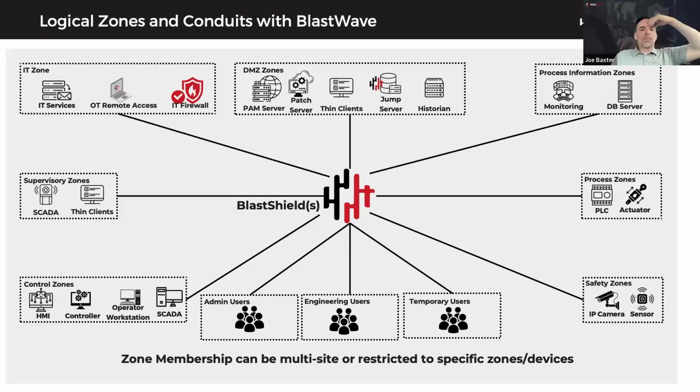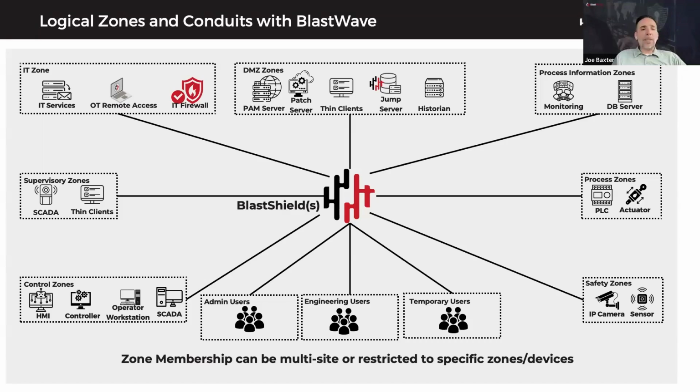with the way that BlastWave operates, the BlastWave Blast Shield product, we've got the ability to do this whether it's a large multi-site distribution, or whether it's in the next building, the next state, the next country, or around the world.